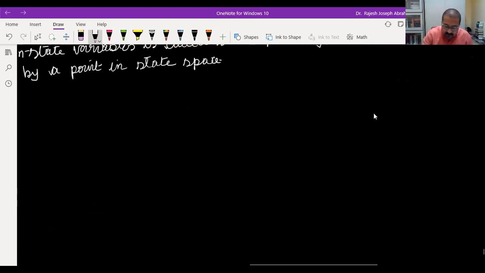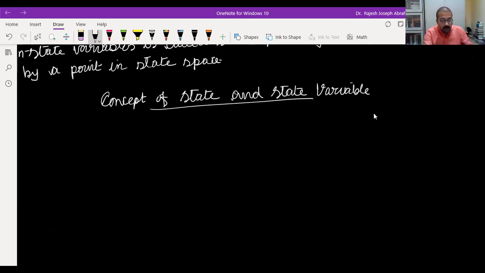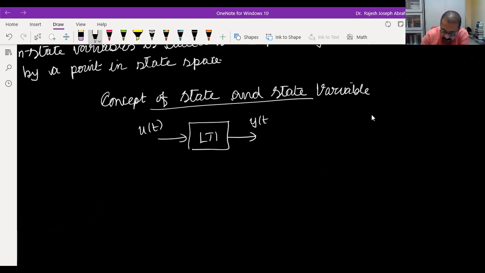Now let us look at the concept of state and state variable. We have an LTI system like this, where u of t is the input and y of t is the output.